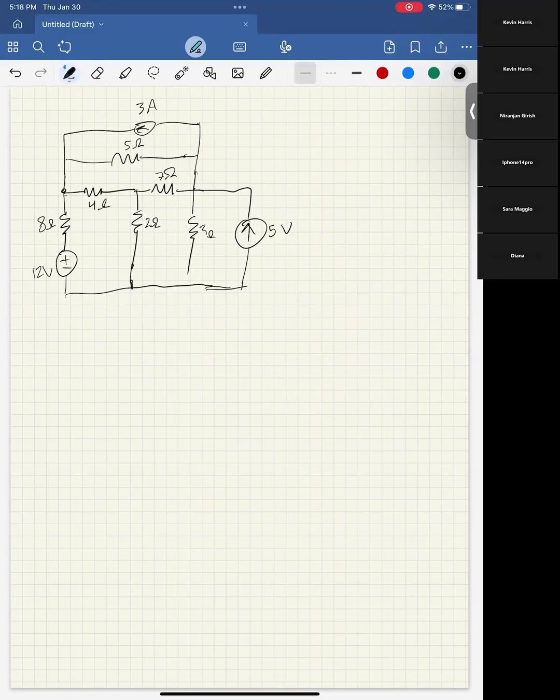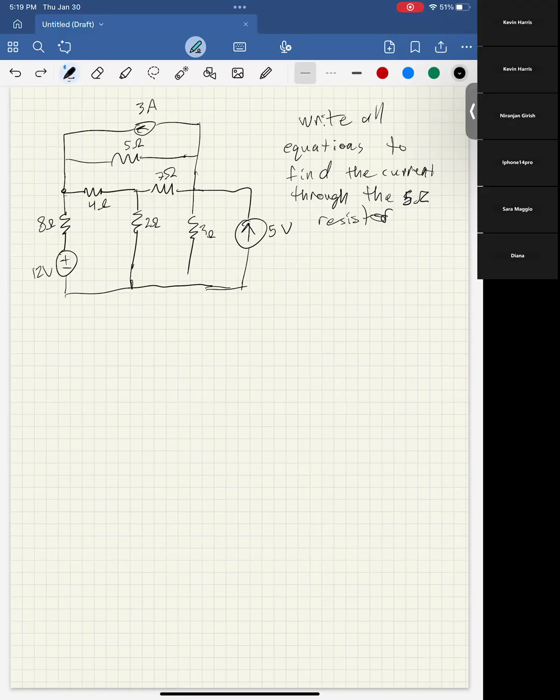So this would be the circuit you're given, and then they say, write all equations to find, in this specific example, everything you need to solve the circuit, but oftentimes they'll say everything you need to find the current through the 5 ohm resistor. So when they give you a question like this, you just do the node voltage, and then you're also going to have one more equation for finding this current.